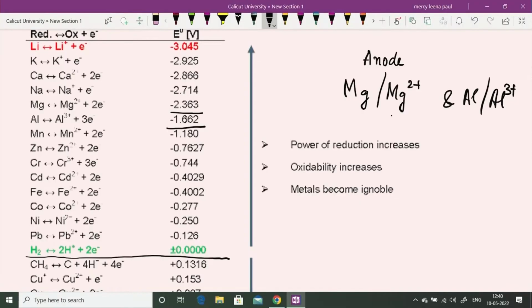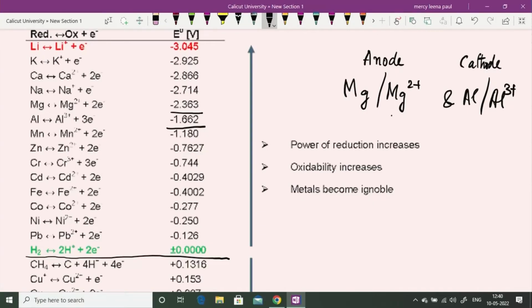Magnesium can act as an anode, while aluminum, which has a lower oxidation tendency or higher reduction potential, will be the cathode. Like that you can take any pair. The one lying above will get oxidized, and the other one will be reduced, because as we come down the tendency to get reduced is greater.